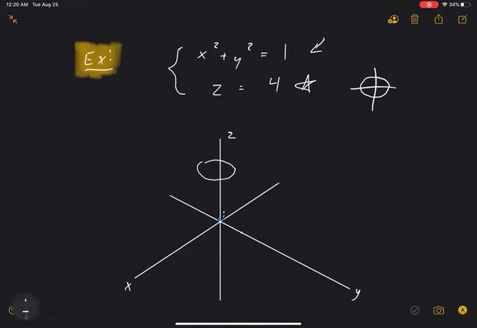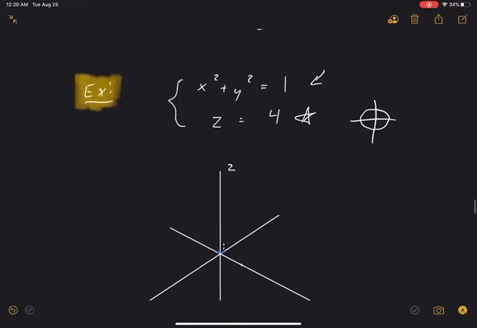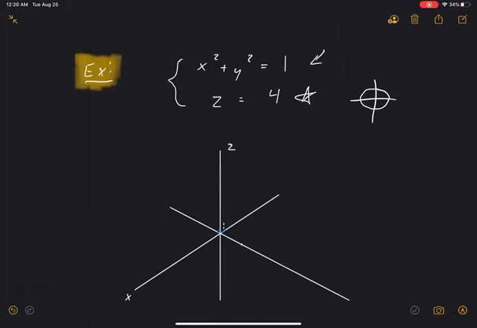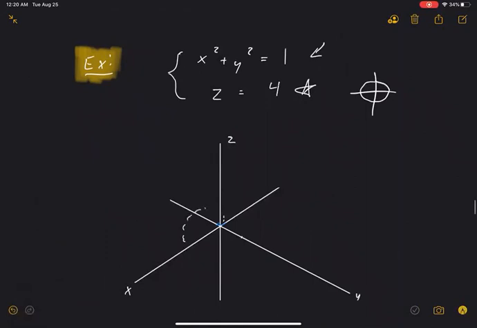Here's another way to think about it. If I was going to draw x squared plus y squared equals 1, as I said, if I was just in the xy plane, that would be just a circle, right? But this equation here doesn't tell me anything about my z coordinate. So if I'm just looking at this, my z coordinate can be anything.